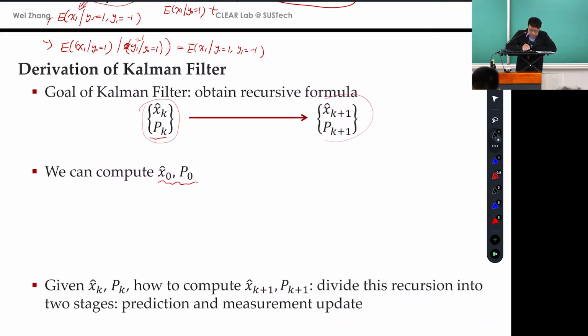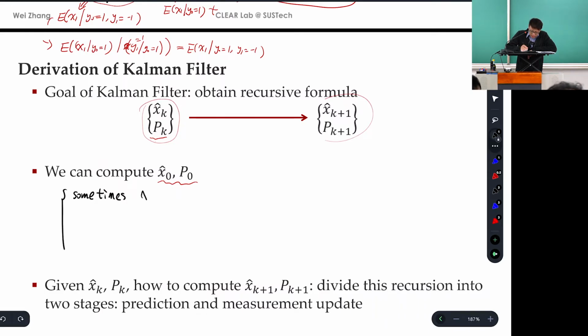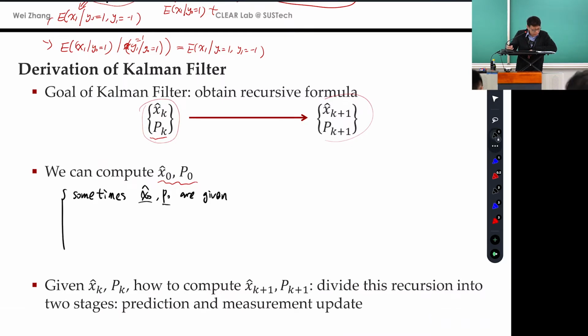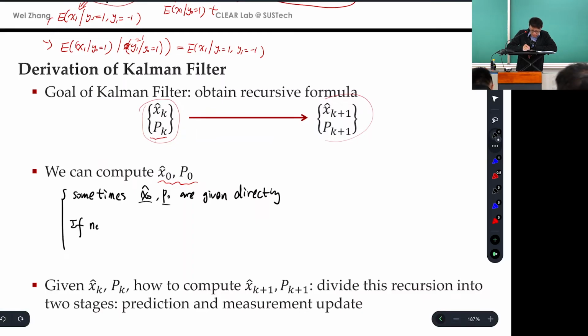Sometimes x0, P0 are given directly to you. The mean is this, and the covariance is that. If not, we compute.